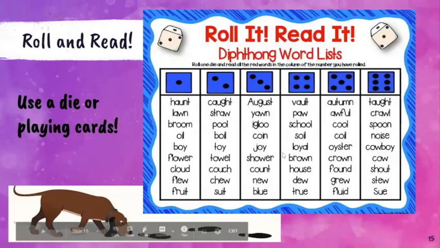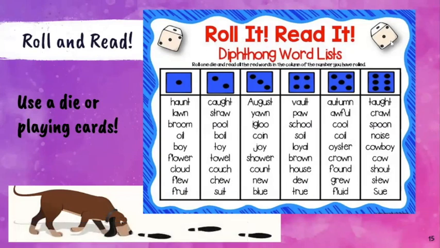On this slide, you can see I have a little fun activity, and you can use it with a playing die. 2 is dice and 1 is die. You can use a game die if you have one. If you don't, that's okay. If you have a deck of cards, you can pull out the ace for 1 and then the other numbers, and you can just randomly pick and practice reading.